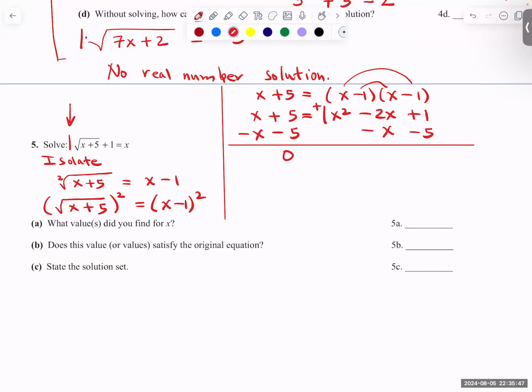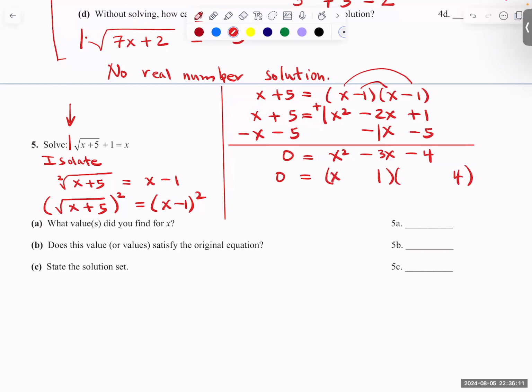So we have 0 equals the quadratic equation, which looks perhaps factorable because the constant is minus 4, we can use the factors 1 and 4 with the correct signs.